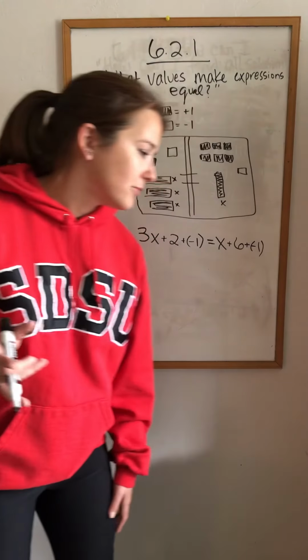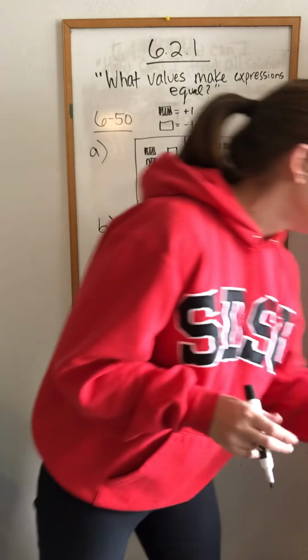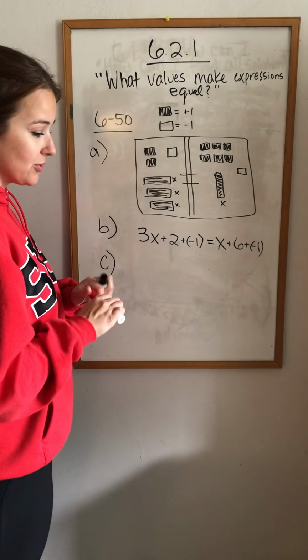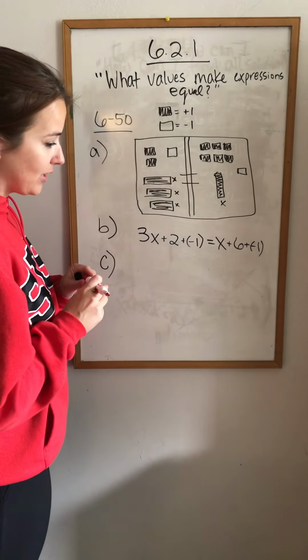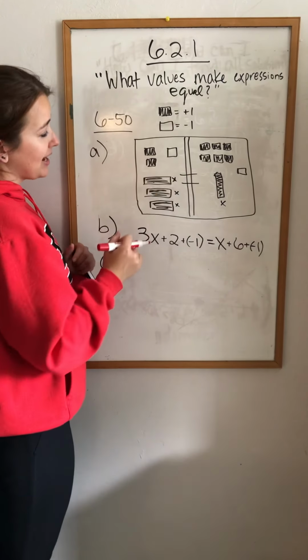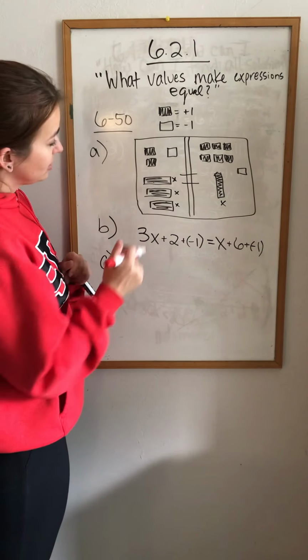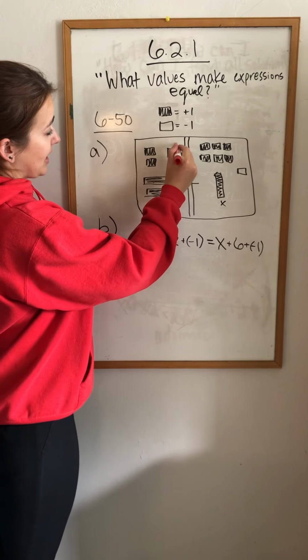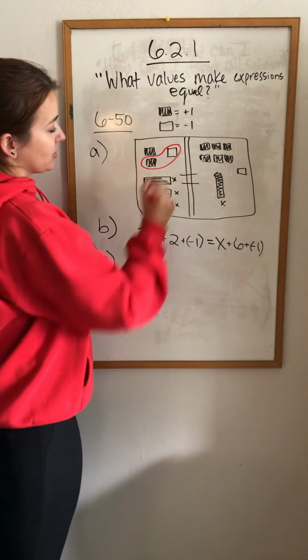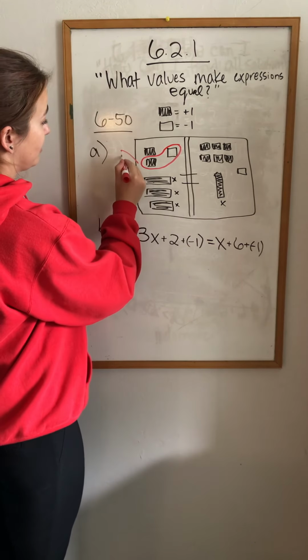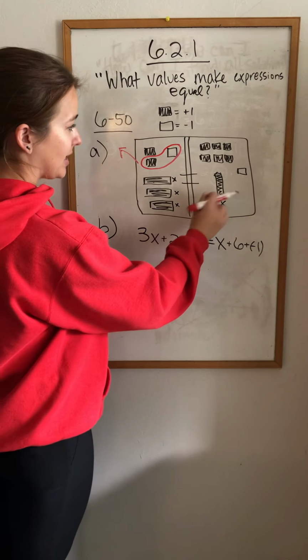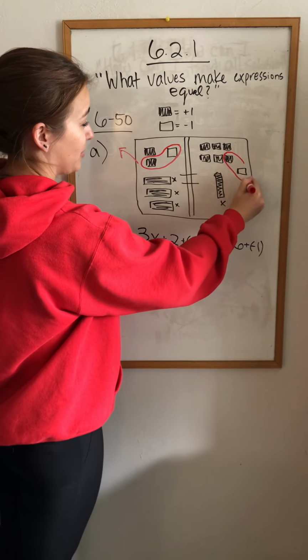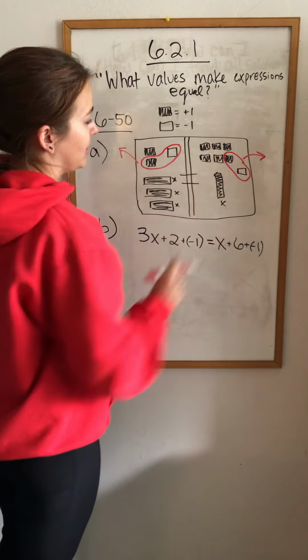It looks like the first thing I did was I removed zeros from mat A and mat B. So I looked at mat A and I circled this pair and this pair. So that's a 0 and it can leave, bye-bye. And then on this side, I removed a +1, -1, and that can go bye-bye.